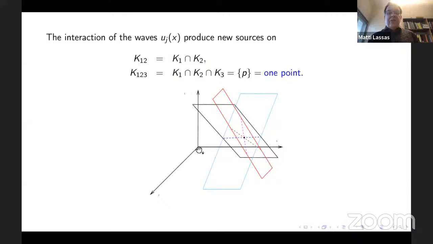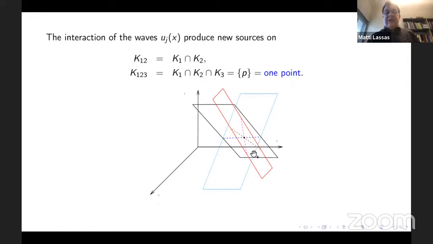So this is a picture in space-time now. The space is the horizontal direction, and the vertical direction is time. In space-time, these plane waves are actually planes. And then they intersect in different ways.